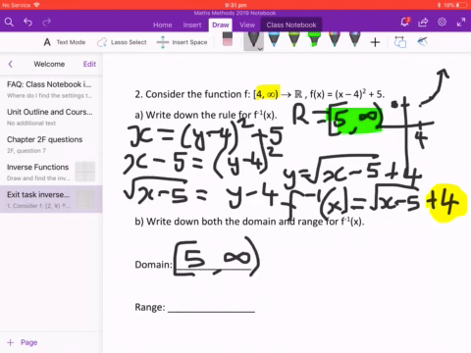And the range becomes 4 to infinity. And you know that because this has been translated up, and this has been translated across 4.